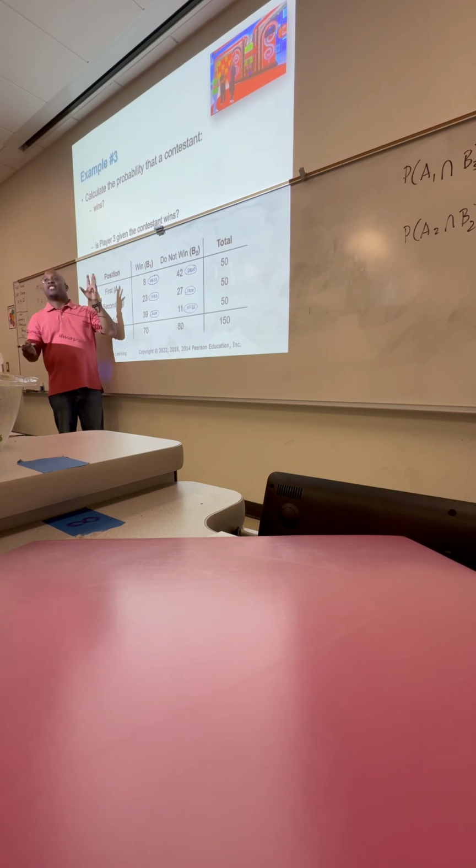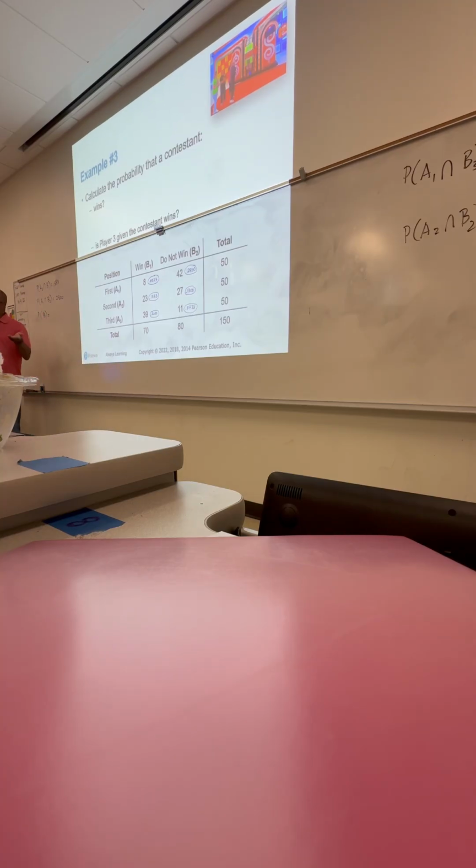Is that pointing to one particular probability? No, all of B1. Everything in this column, the B1 column: 0.0533, 0.1533, and 0.26. So I'm going to add them. Same pedagogy we did with the tree diagram, okay?